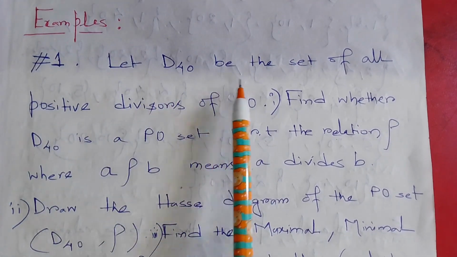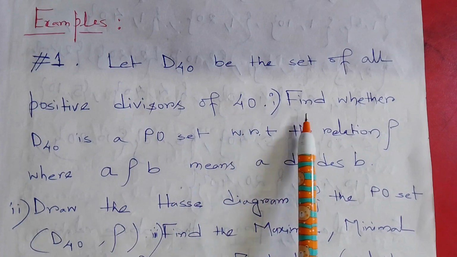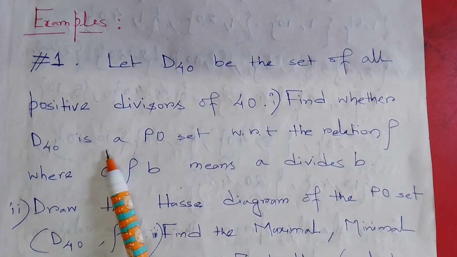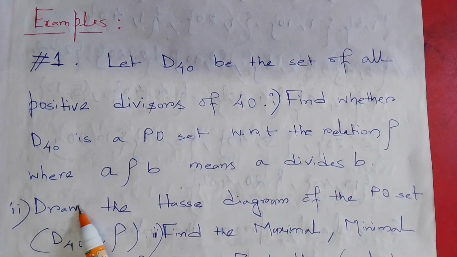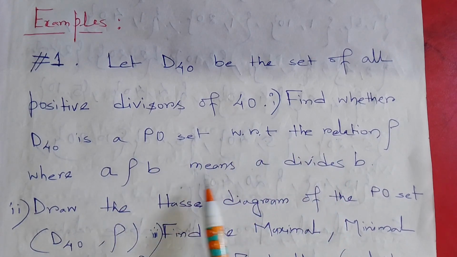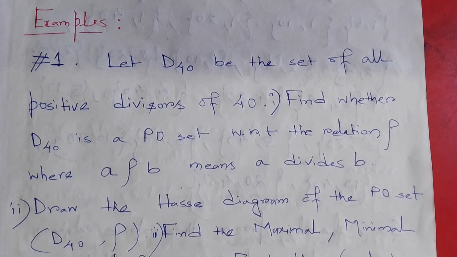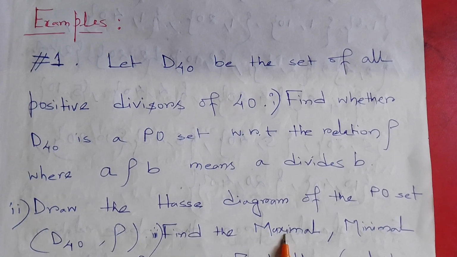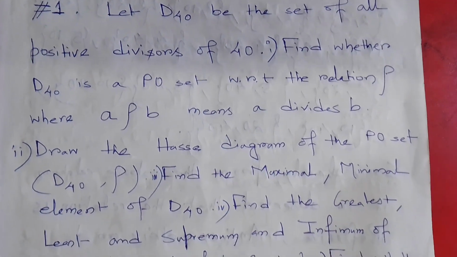Let D40 be the set of all positive divisors of 40. Find whether D40 is a POset with respect to the relation rho, where A rho B means A divides B. Draw the Hasse diagram of the POset D40 and rho. Find the maximal and minimal elements of D40.